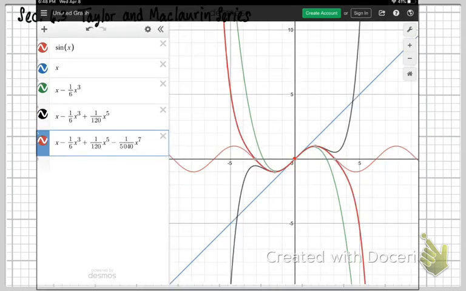So now this one even further out. So that's what we start to see with these, that as we get further and further out with these Taylor polynomials, it gets more and more accurate further and further out. So you see this one goes out to here. And then the black one before that goes to about here. And it even shows the little dots on there, which I really like.